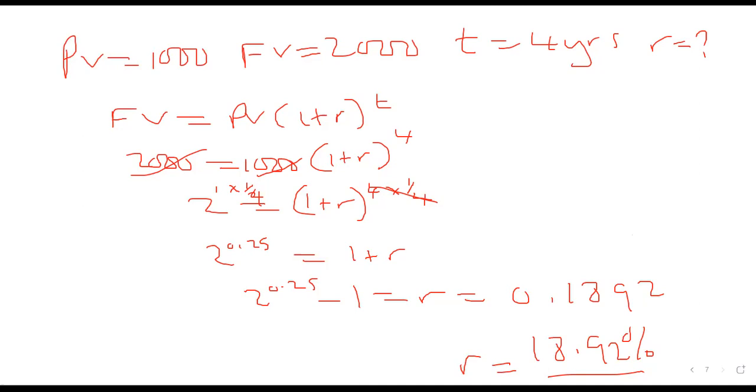Now, we could also have a series of payments that are made regularly. Those payments are called annuities. So annuities are a series of equal payments. These payments are made either at the beginning of the period or at the end of the period.